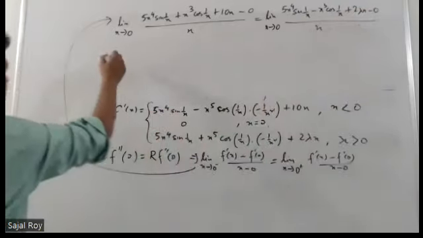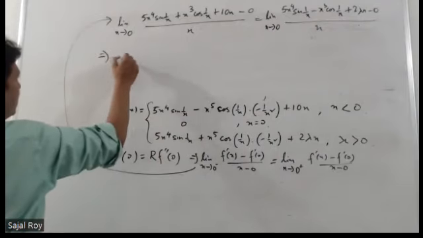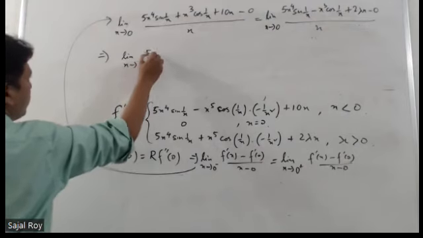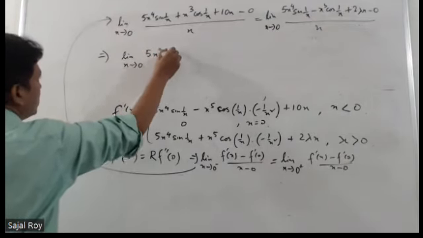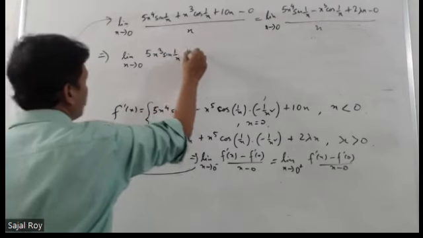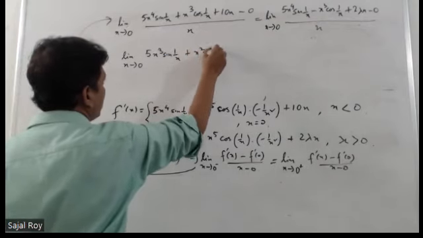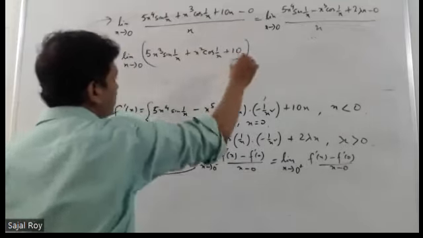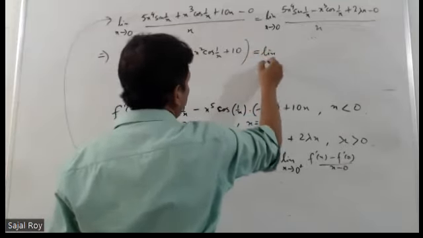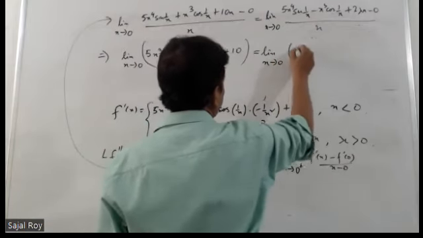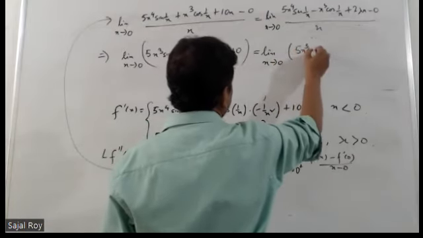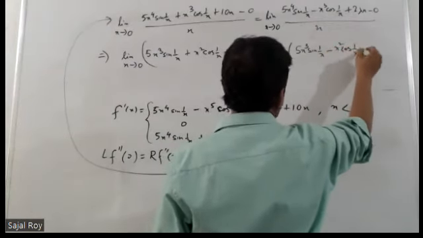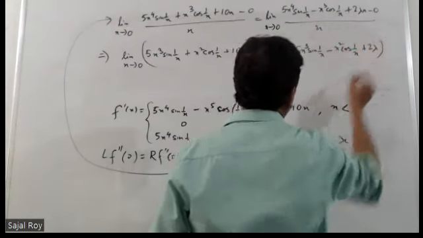So that will be limit x tends to 0 of 5x cubed sine 1 by x plus x squared cos 1 by x plus 10. If you split and divide by x, this should be 5x cubed sine 1 by x minus x squared cos 1 by x plus 2 lambda.